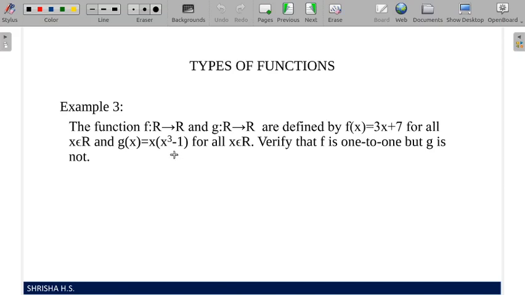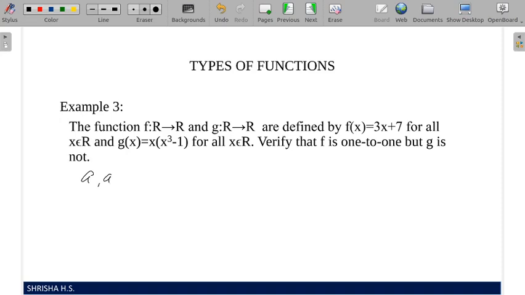A function f and g are given from real numbers to real numbers, defined by f of x equal to 3x plus 7 and g of x equal to x multiplied by x cube minus 1. Verify f is one-to-one but g is not. We had written mathematically how a one-to-one function is defined.